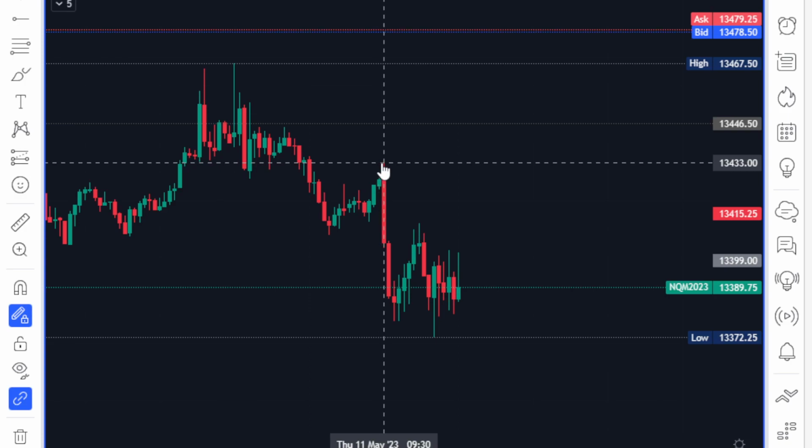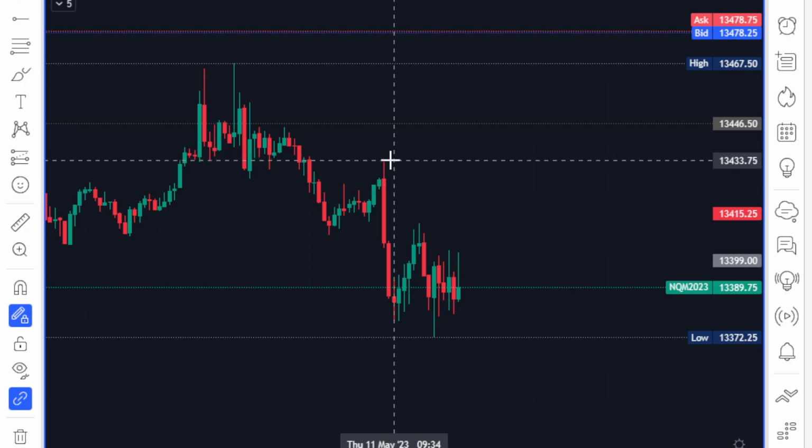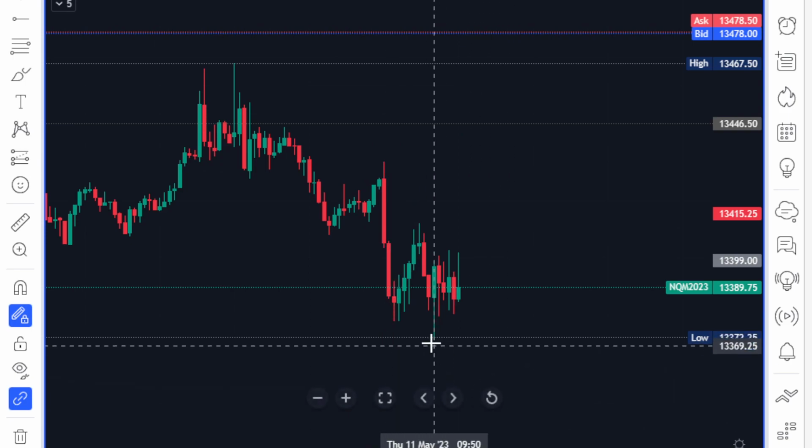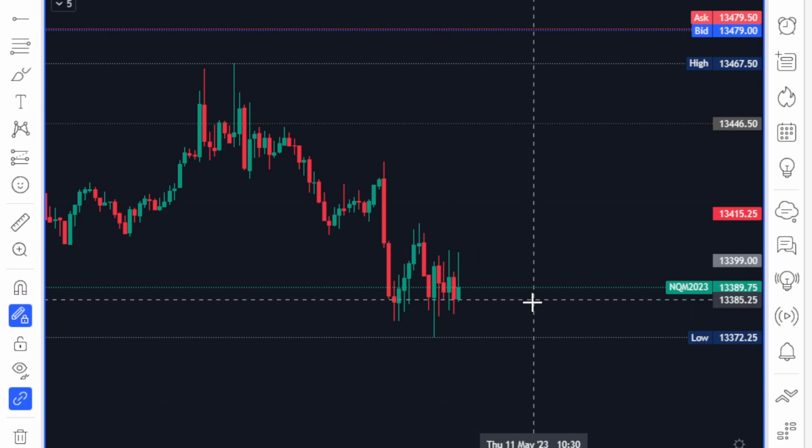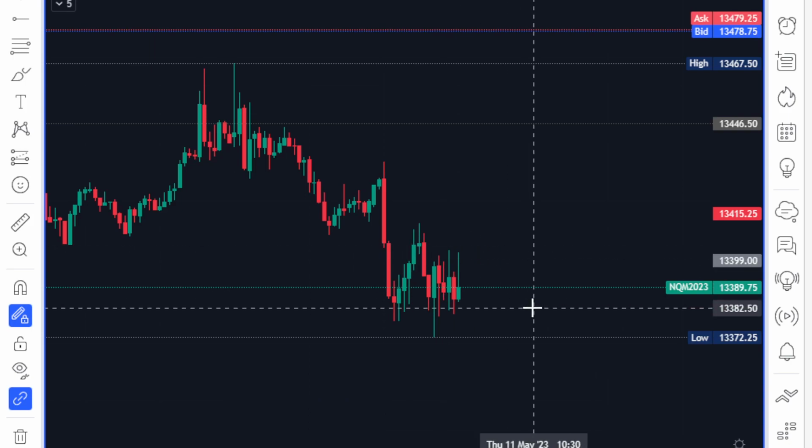So from 9:30, I'll just mark out the high or the low between 9:30 and 10 a.m. And then once we get a liquidity sweep from one of those, then we'll be looking for a market structure shift with displacement that creates a fair value gap in the opposite direction.